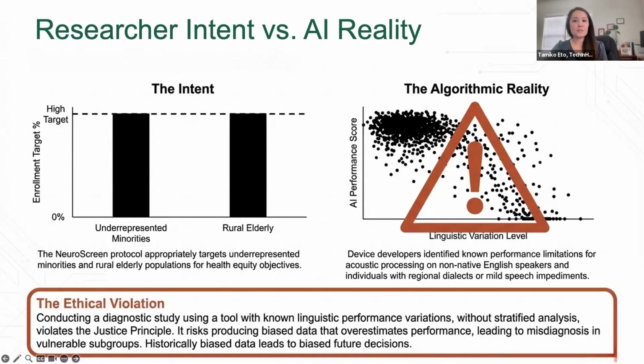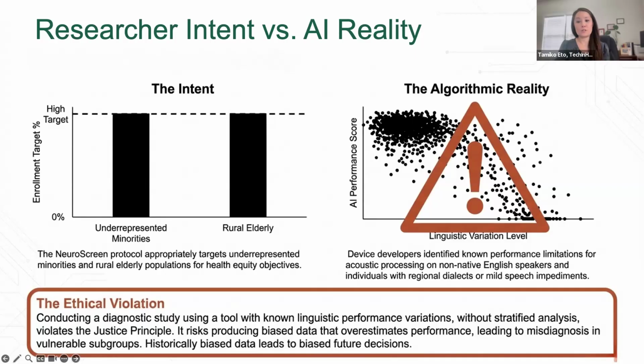And then the researcher intends the tool to assist clinical judgment, but when a telehealth provider receives an AI-generated neurological risk score or triage alert, the practical effect is that the AI is driving the clinical decision. It could be designed otherwise, but in the current scenario, it's driving it.